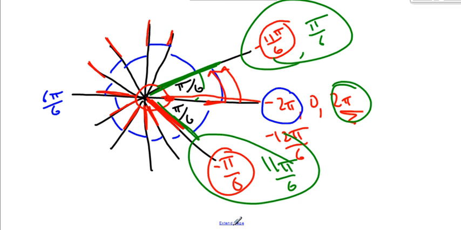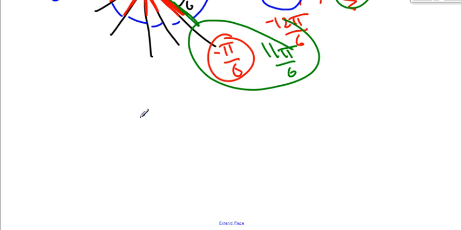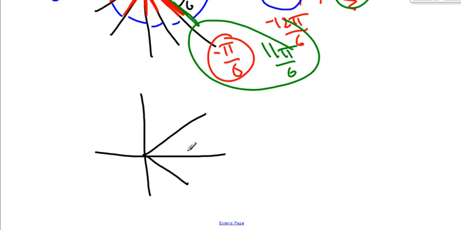Now that was a bit messy, so I'm just going to clean it up a little bit, just in case. This was negative 11 pi over 6, because I started here at negative 12 pi over 6 and rotated forwards 1. Then we kept going: negative 11, 10, 9, 8, 7, 6, 5, 4, 3, 2.